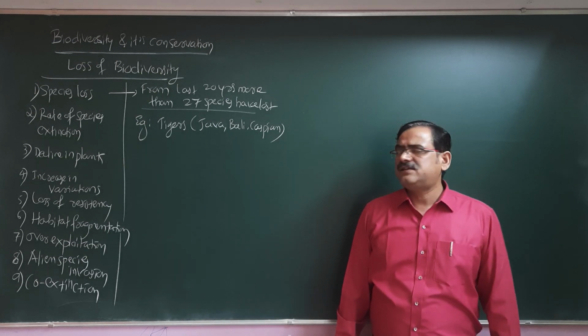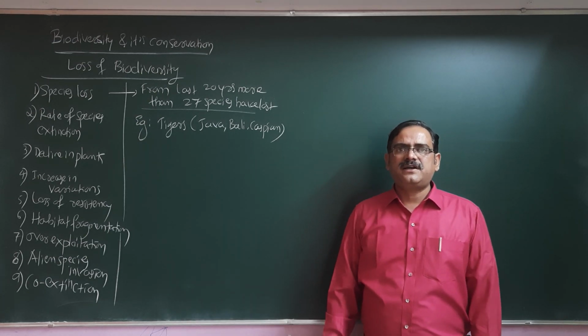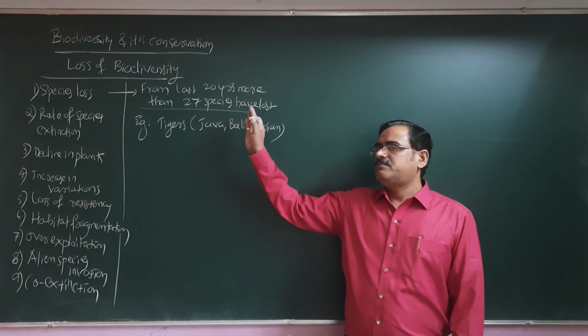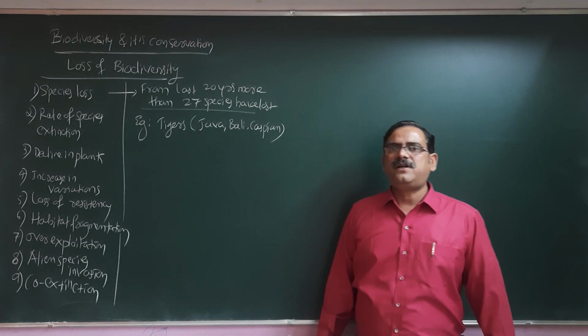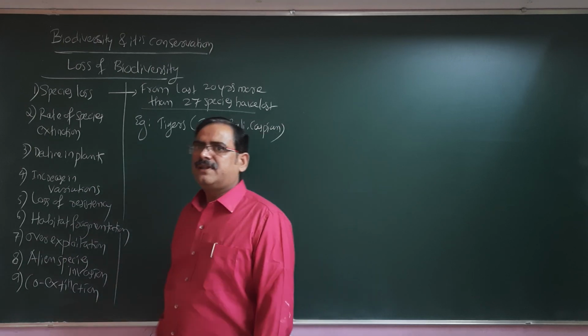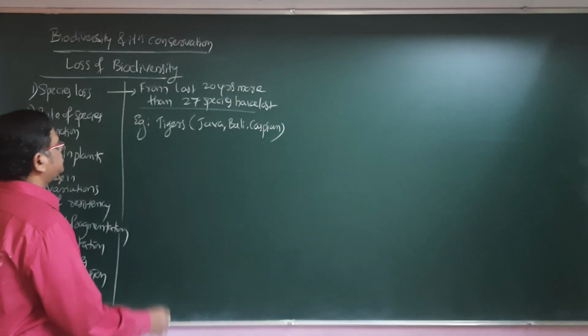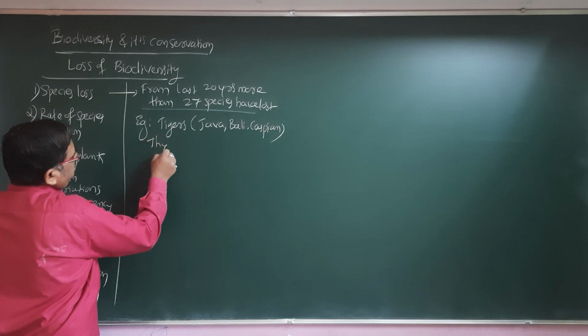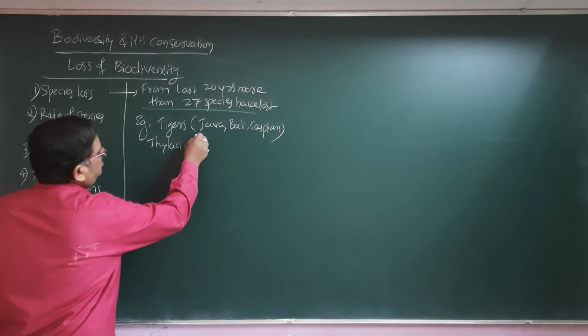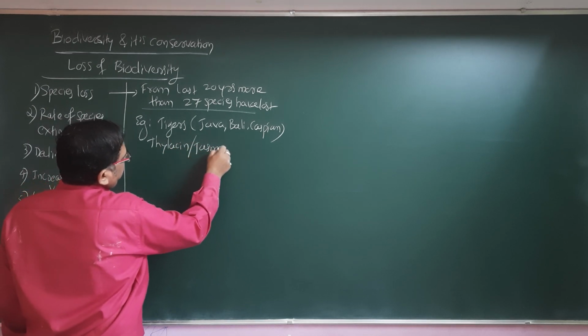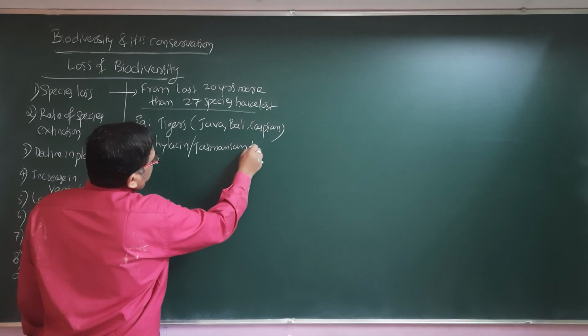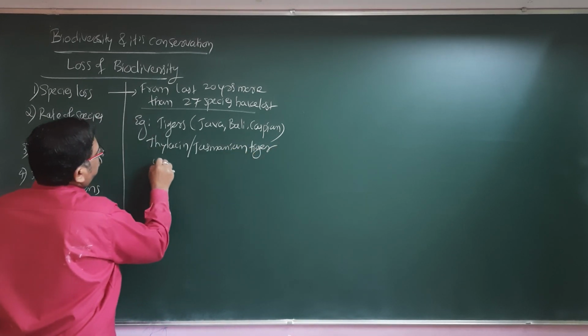So with all these wrong assumptions and the greed of humans, the number of tigers decreased. Other than that, there is one more animal, thalassin, also called the Tasmanian tiger wolf.